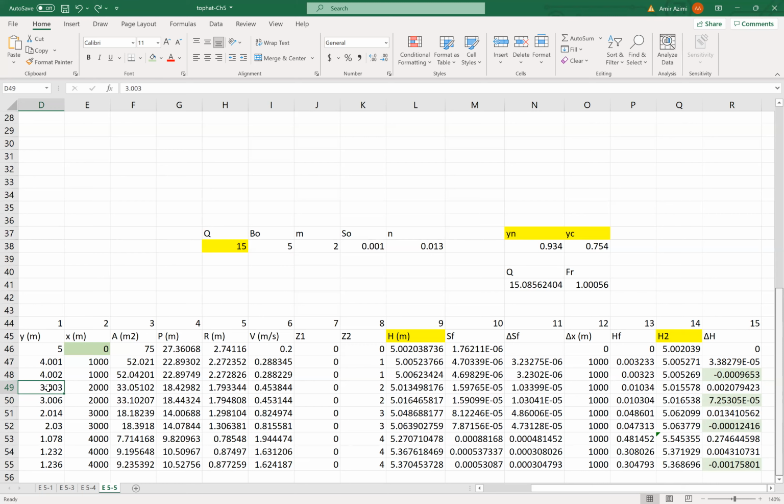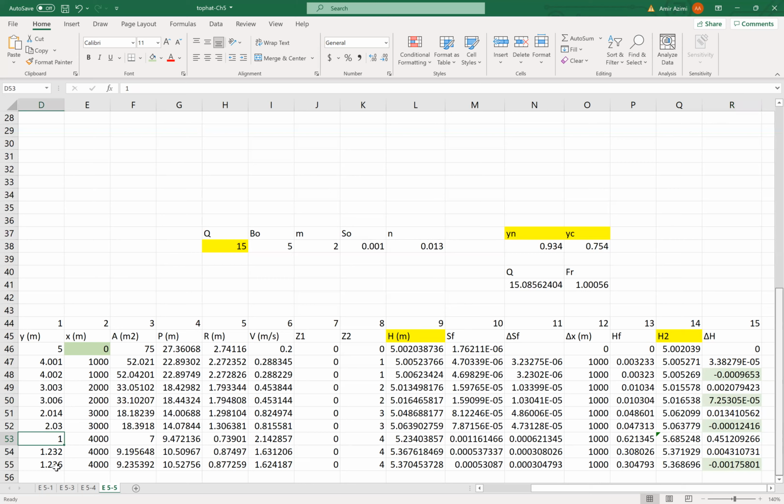You can either use one column to do the trial and error, or you can use many rows to change the values. For the last one at 4 kilometers, I start with 1.078 as a number. I can use 1, for example. Then you see that the difference between the energy calculated by subtracting the energy from this point to the previous point, and the energy calculated by subtracting the energy loss, is almost half a meter.